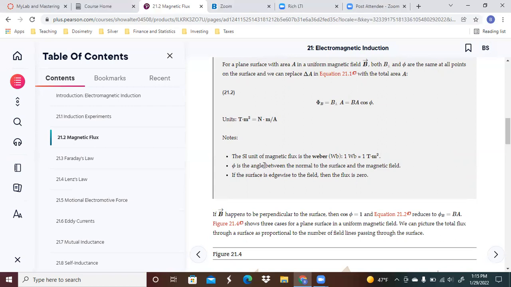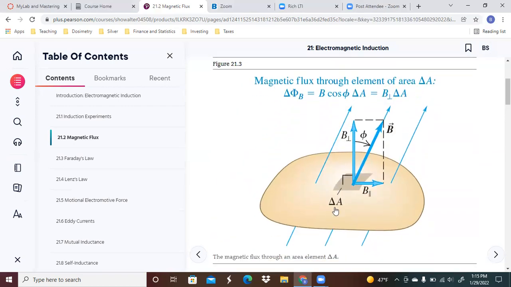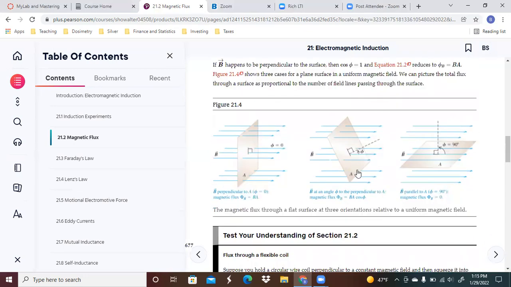The angle phi is the angle between the normal to the surface and the magnetic field, which we already went over. And if the surface is edgewise to the field, in other words, if you make it in the same plane as the field, forget it, you're not going to get any flux. And that's what this figure is trying to address.